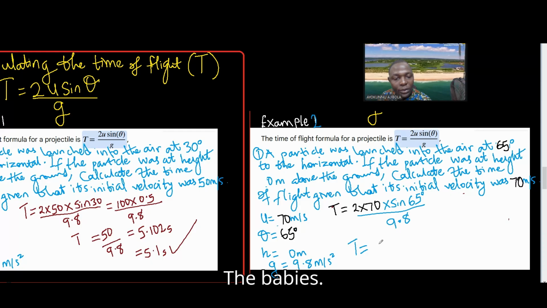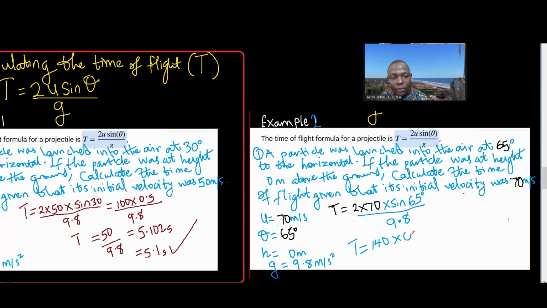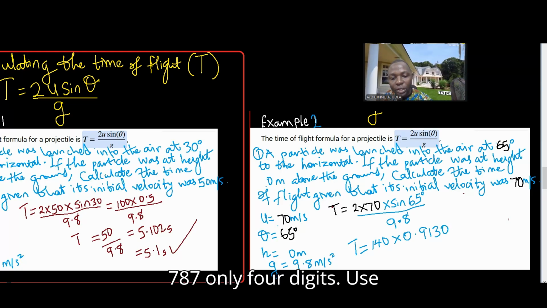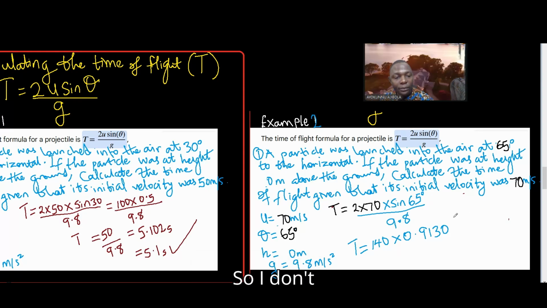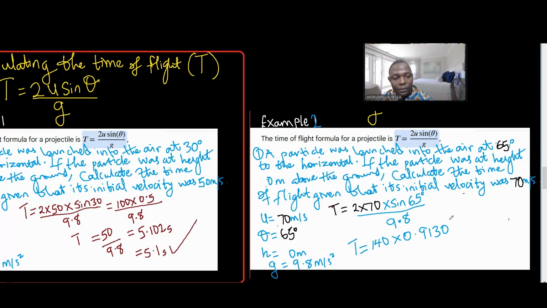Sine 65 is 0.9063. Use 4 digits. Check on your calculator.